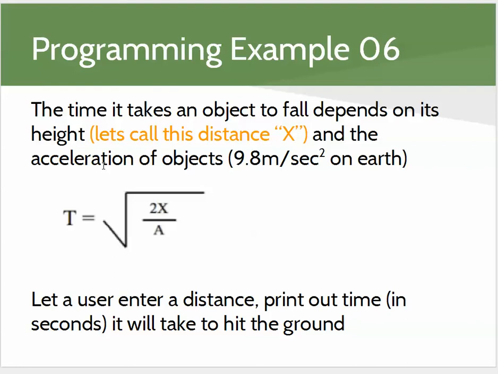Now, any object on Earth accelerates at a rate of 9.8 meters per second squared. We'll include that as a constant in our program for now, but of course we could ask the user for the acceleration, and they could calculate how much time it would take an object to fall if it was on the moon or on some other planet. So we're going to let the user enter a distance for this case. We're going to write a constant for our acceleration, and we're of course going to use the cmath library to provide our square root formula.